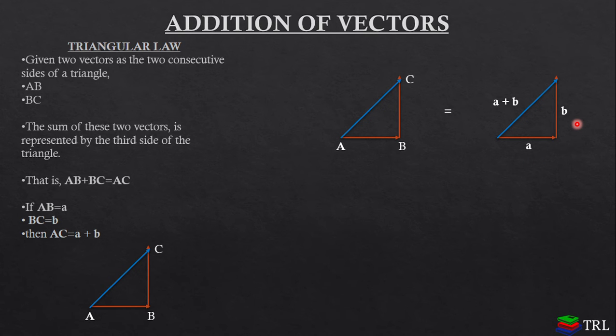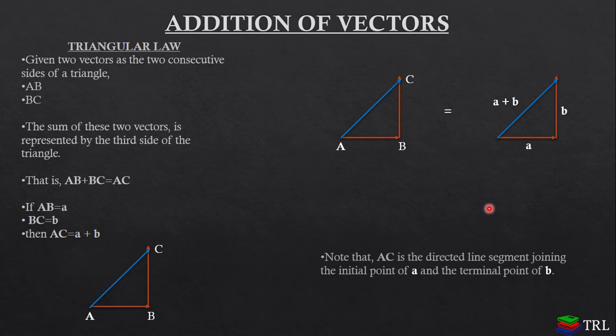Now it is very important to note that the terminal point of vector A is the initial point of vector B. It is very important to note this under the triangular law of addition, that always the terminal point of vector A is the same as the initial point of vector B. It's very important in this section.